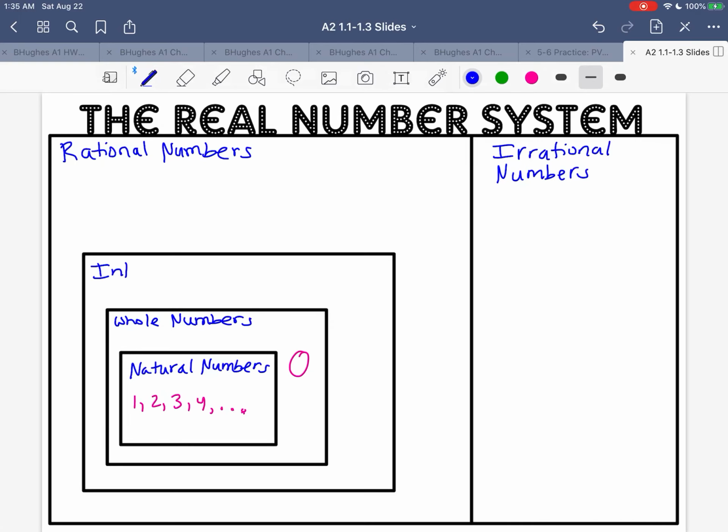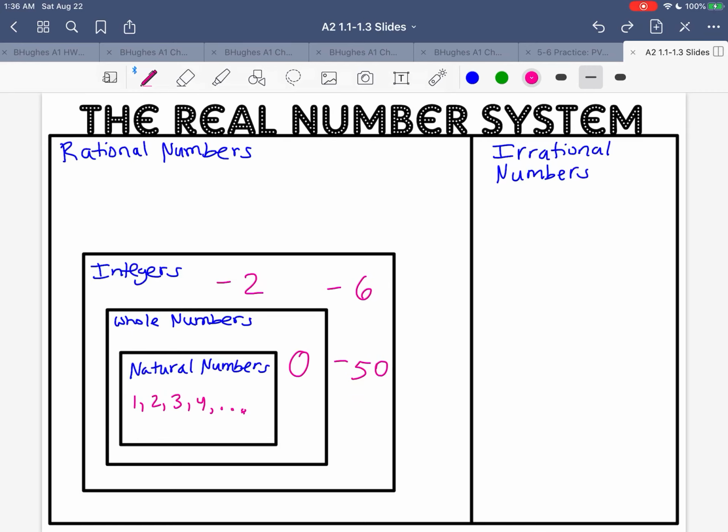The next layer is when we do our integers. And if you remember, the only difference between integers and the other ones inside of it is that now we are adding negatives. So -2, -6, -50, and so on. It still includes all the positive versions and 0, and now we've added negatives.